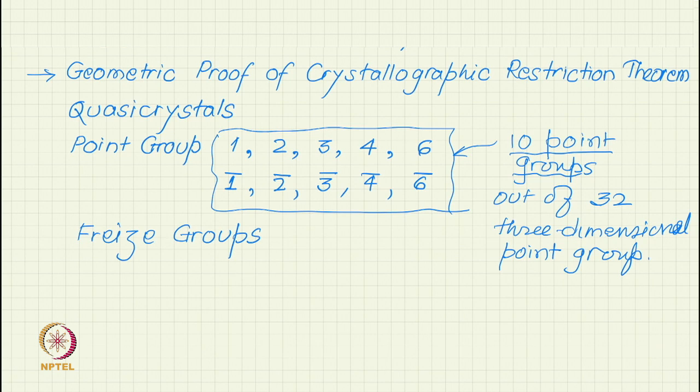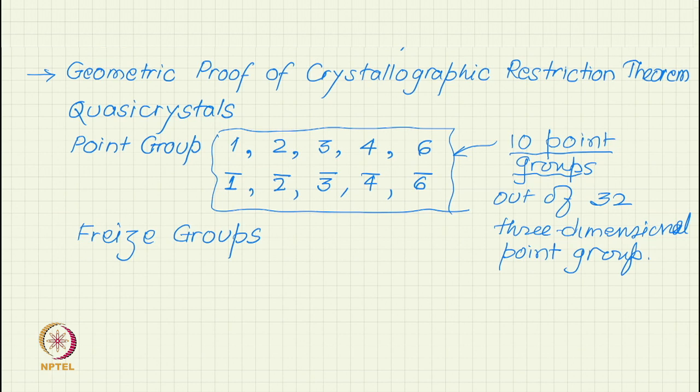There was just a matrix, and we decided that the matrix is made up of integers, and we proved that the trace of the matrix is 2 cos theta plus 1, and since 2 cos theta plus 1 became an integer, you found that only these 5 symmetry rotations, or 5 symmetry axes, are possible: 1, 2, 3, 4 and 6.